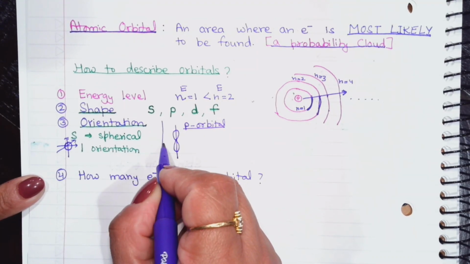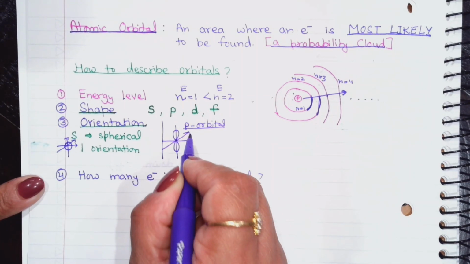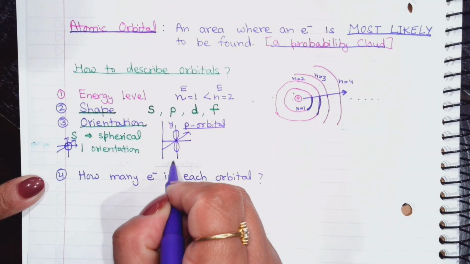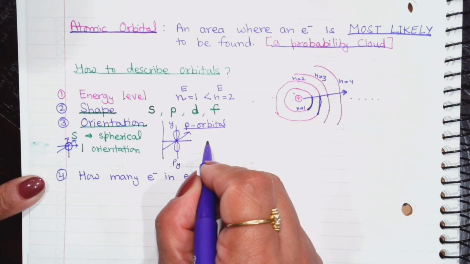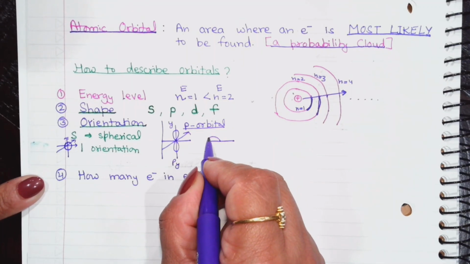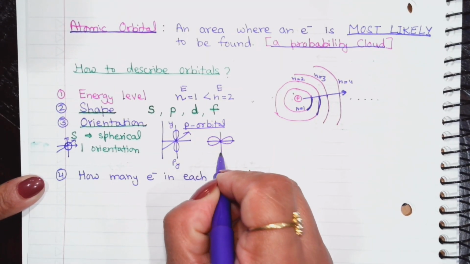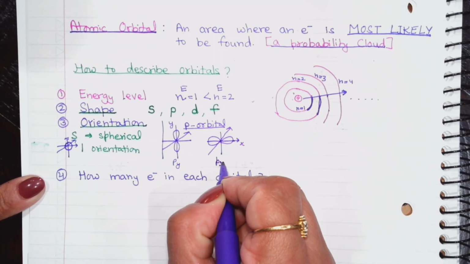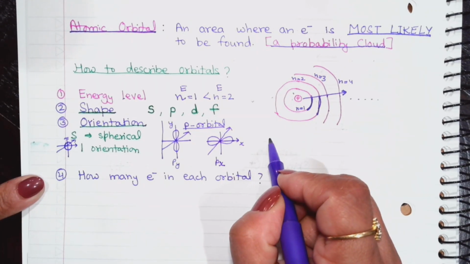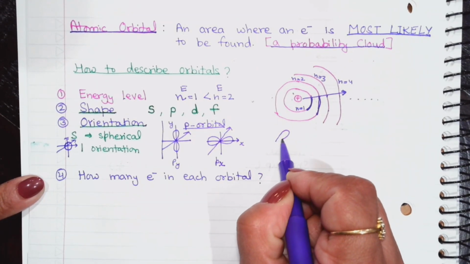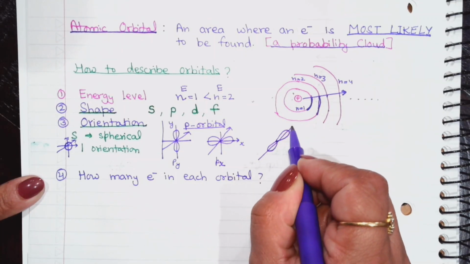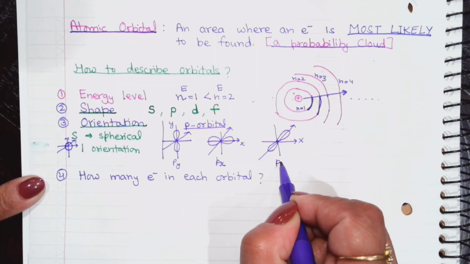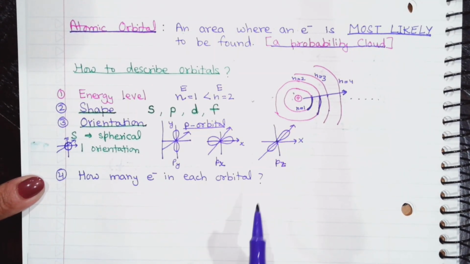So this orbital orientation is py, and then if I orient the p cloud on the x-axis, this is px, and then along the z-axis, we call that pz, right?